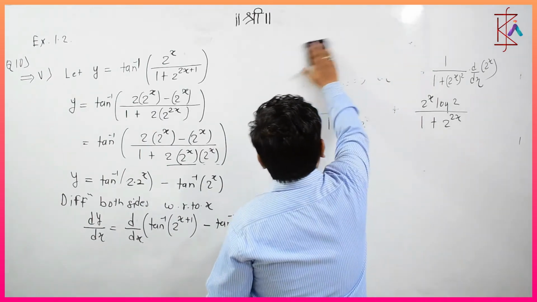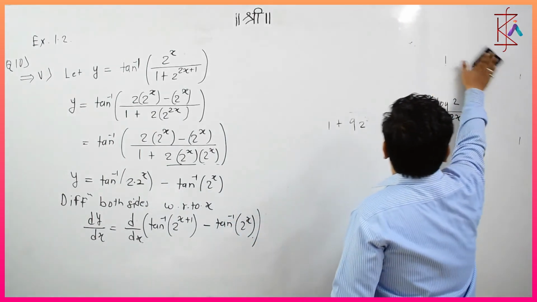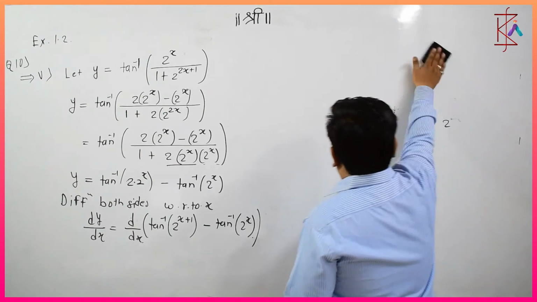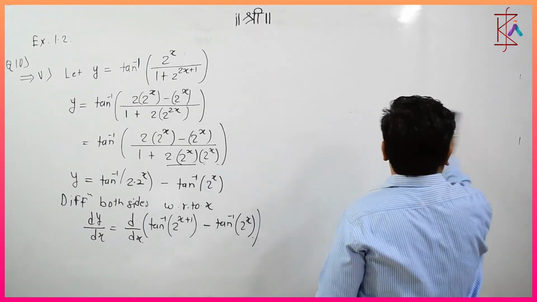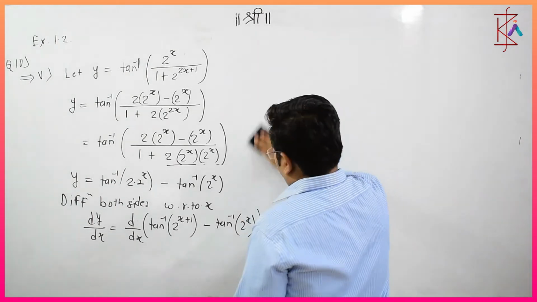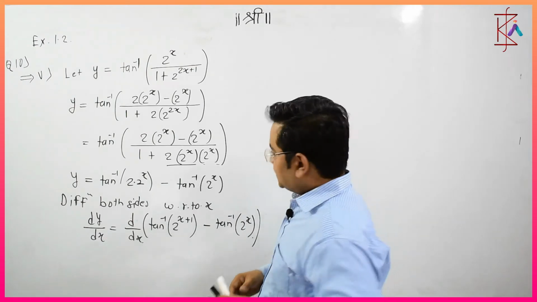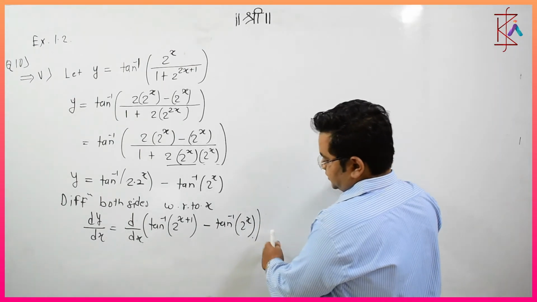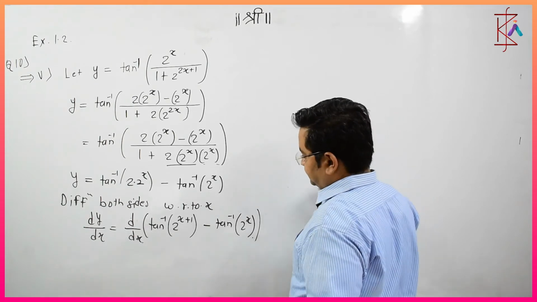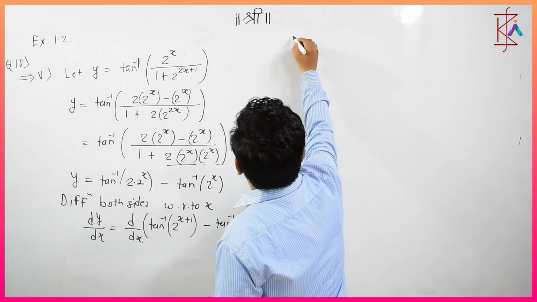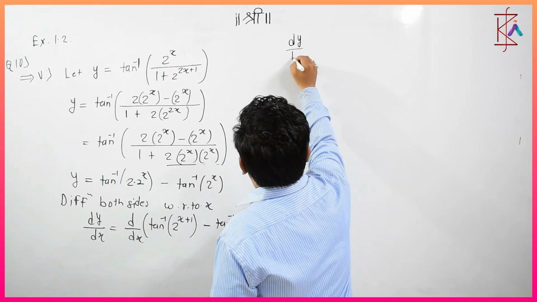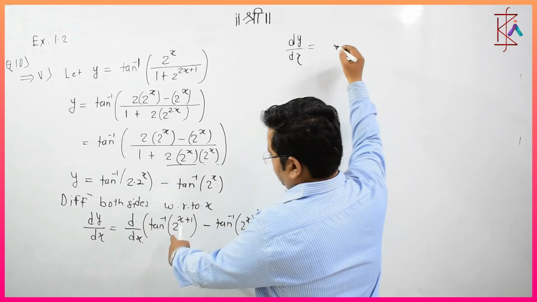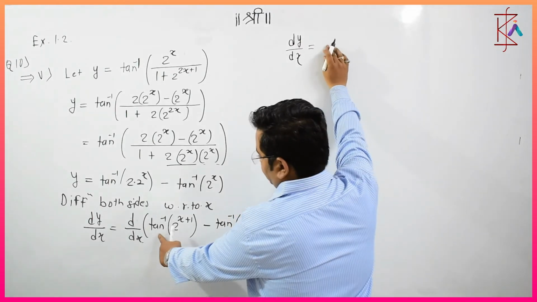Hope you are getting what I am doing. This is quite a lengthy process which we are making short. So in short, this whole equation converts to another form: dy/dx is equal to, what is the derivative of this?